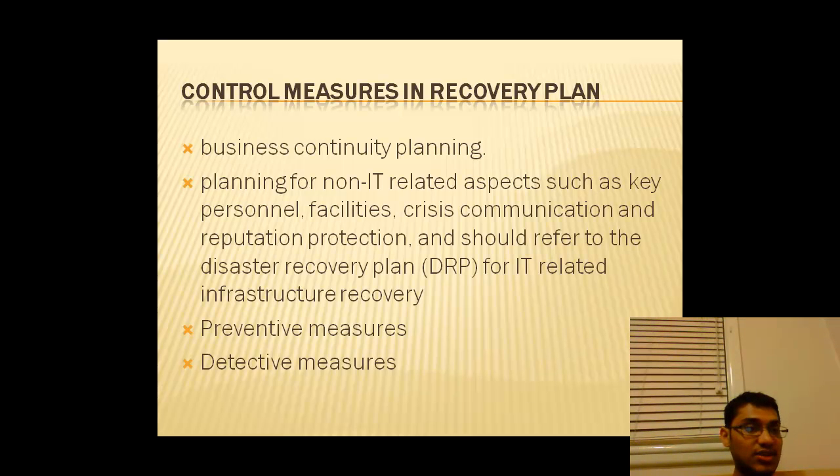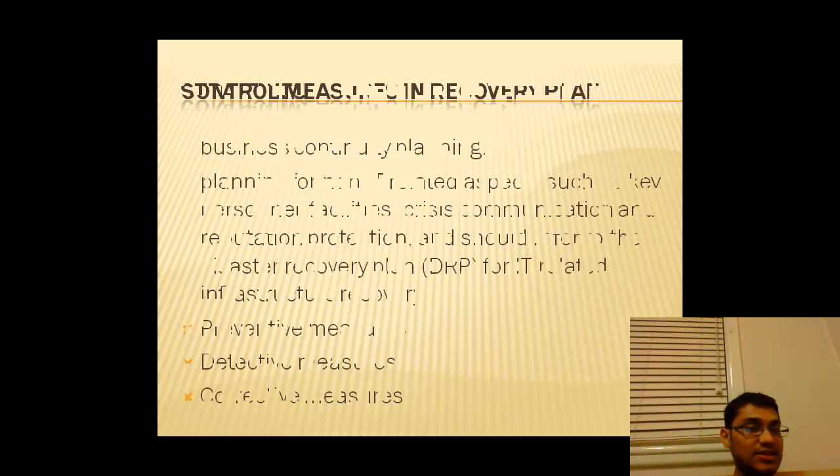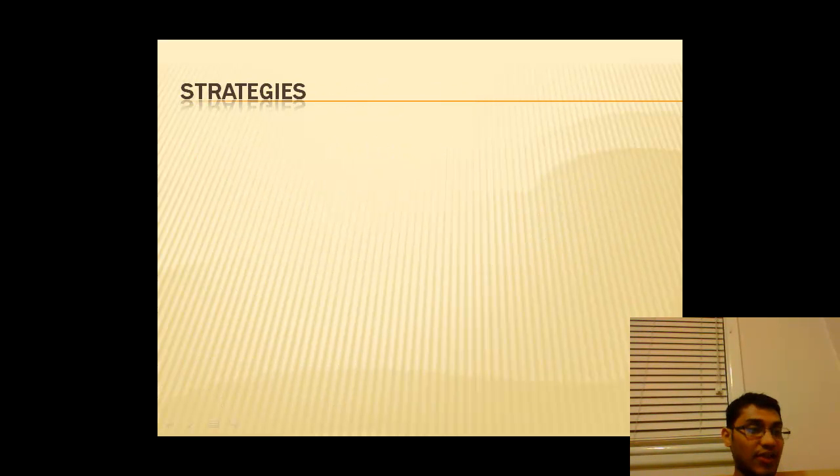Detective measures: these controls are aimed at detecting or discovering unwanted events. Corrective measures: these controls are aimed at correcting or restoring the system after the disaster or the event. These controls should always be documented and tested regularly.